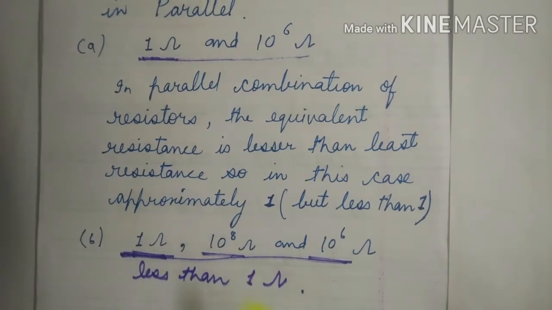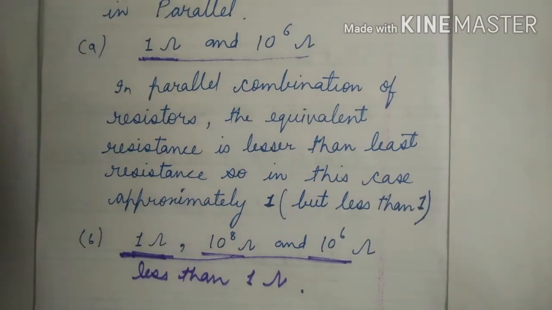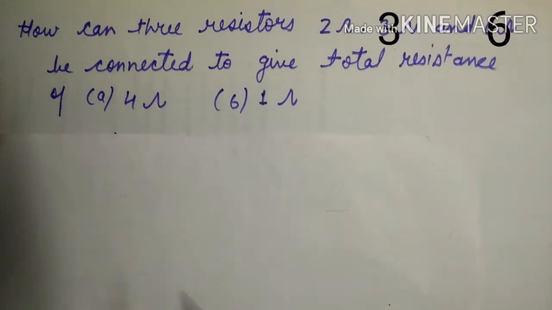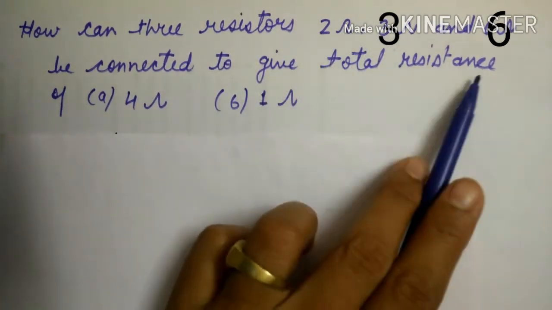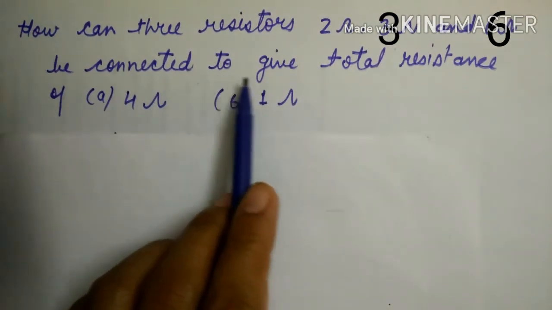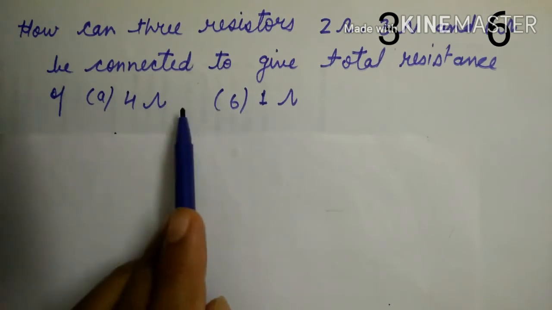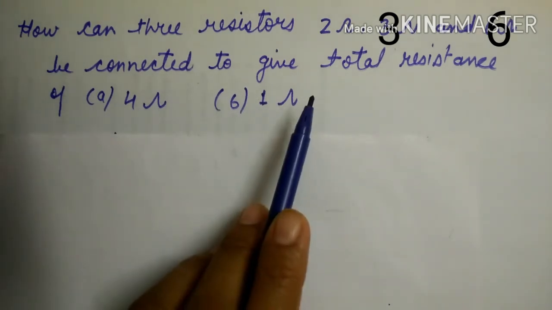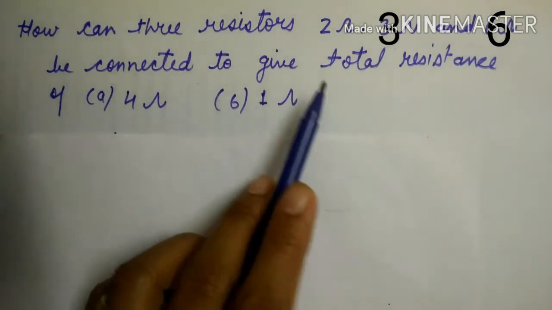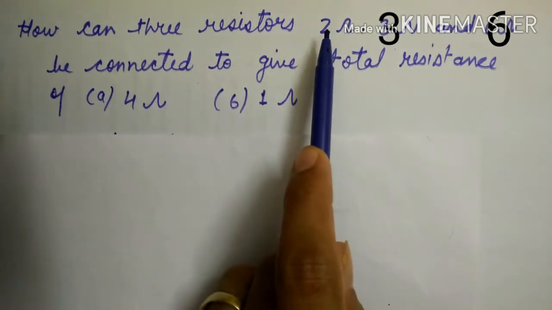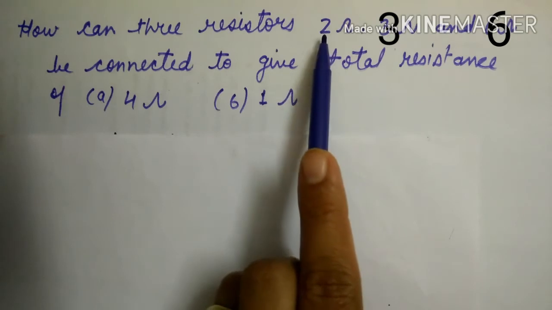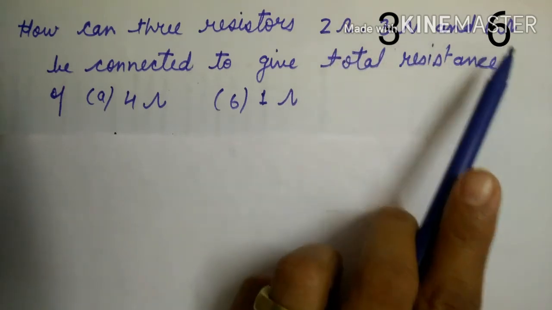Okay. So the same question, based on this, we are doing here. See, how can three resistors 2 ohm, 3 ohm and 6 ohm be connected to give a total resistance of 4 ohm and 1 ohm? According to the question, we have three resistors whose resistances are 2 ohm, 3 ohm and 6 ohm.